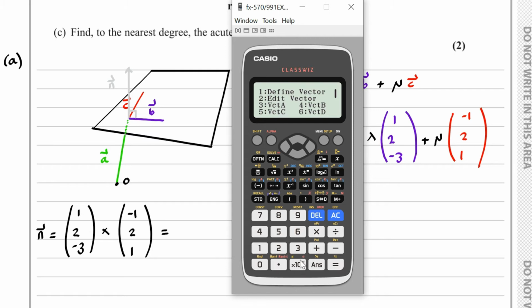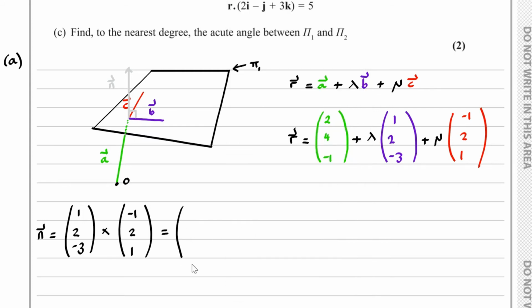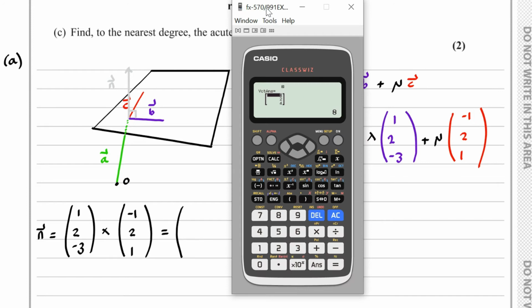And then multiplying A by B, you'd find the normal vector n, that's equal to 8, 2, and 4.